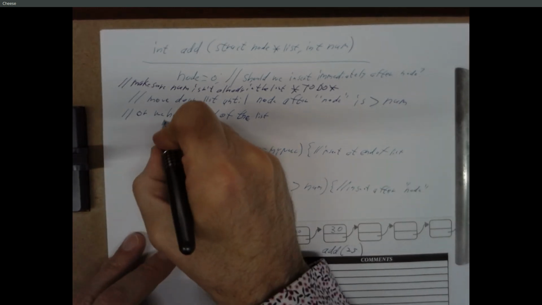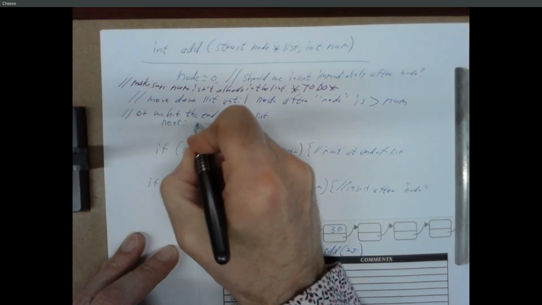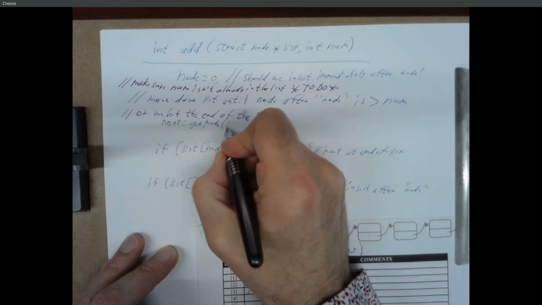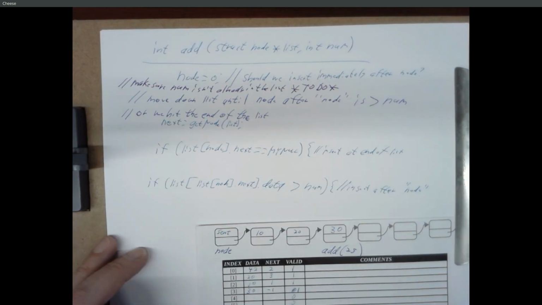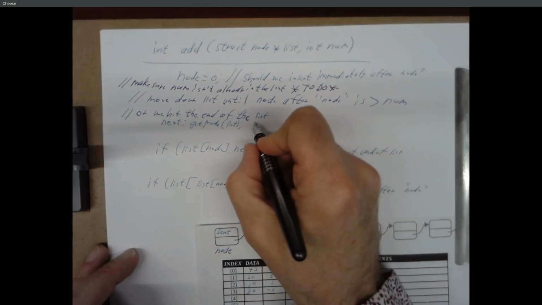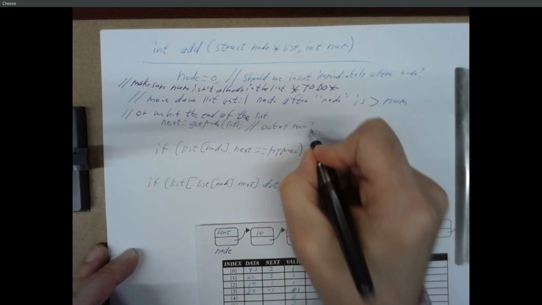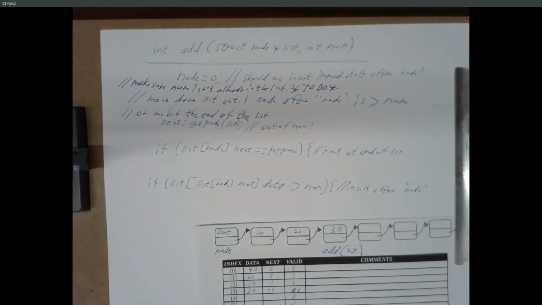So next equals get node list. And we'll want to do a check to make sure that we're not out of memory. So if next is equal to my_null, we're going to return a flag. Okay, so next is an index for a new node.